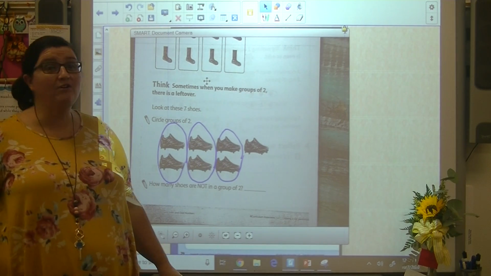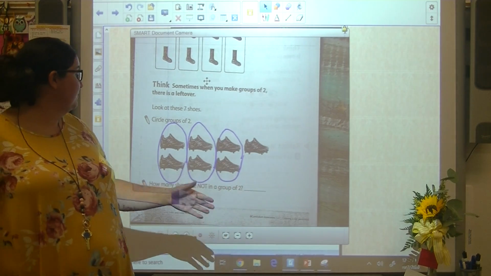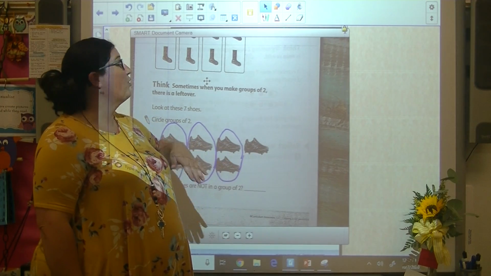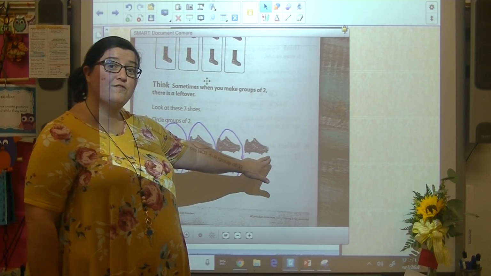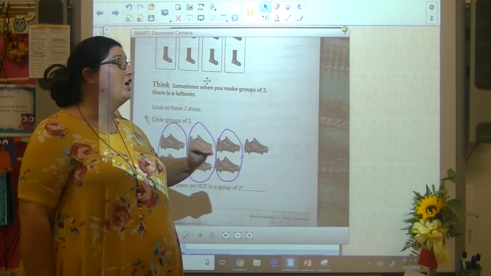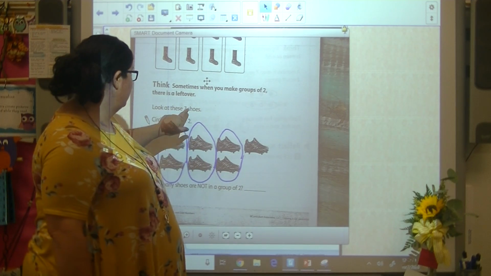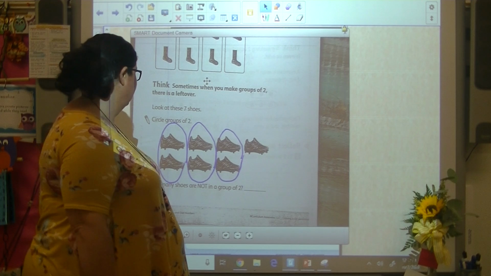He does not have a partner. He's all by himself. When you have 1 not left in the group, that is called odd. So when there's 1 left over that can't find a match, that number is odd. So the number 7 is odd.